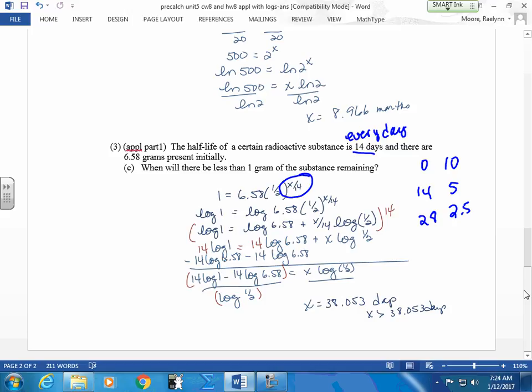Again, don't forget, this belongs to this only. So if you want to divide both sides by 6.58 and leave it 1 over 6.58, that's fine. If you want to do it this way, take the log of both sides. This is a product. This only goes to this guy, not to this one.